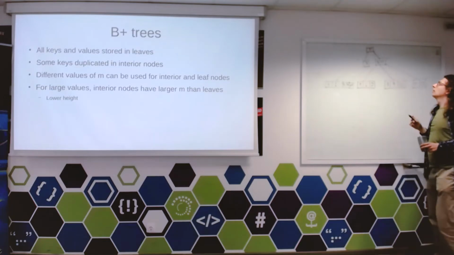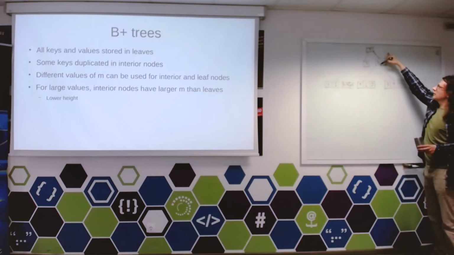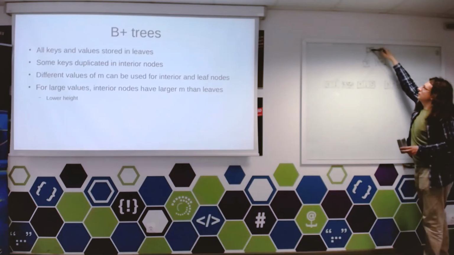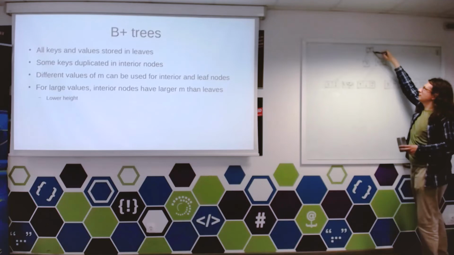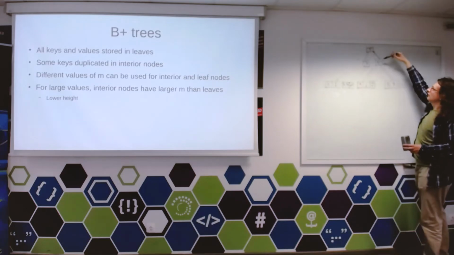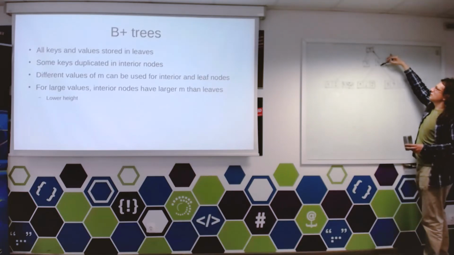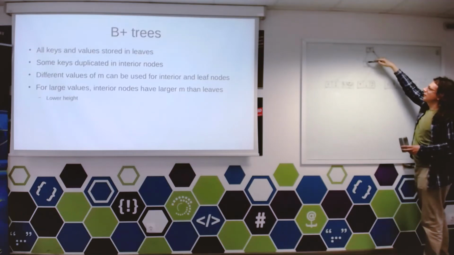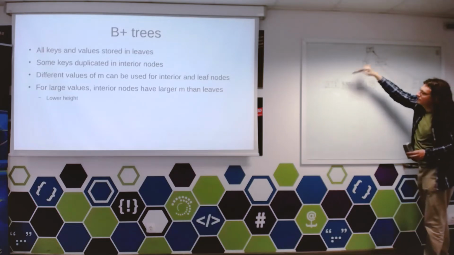No, because this 8 indicates that its right child starts with 8, and this 5. So the leftmost leaf of the right child of the child that's to the right of 5 is 5. The leftmost leaf of this subtree is 8, and the leftmost leaf of the right child of 3 is 3.